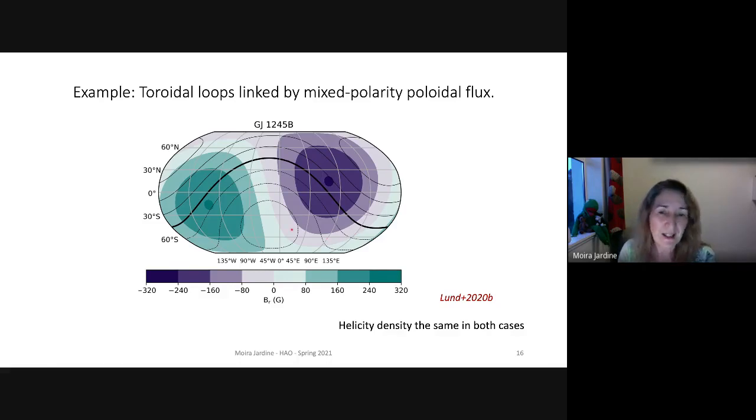The reason is that if we look at these loops of toroidal field, they're enclosing poloidal field that's of two opposite polarities, and they essentially cancel out when we determine the helicity density. So because the toroidal field, and indeed in this case the poloidal field, are no longer axisymmetric, they don't line up well, and so although you have lots of magnetic energy, you haven't got a lot of helicity.